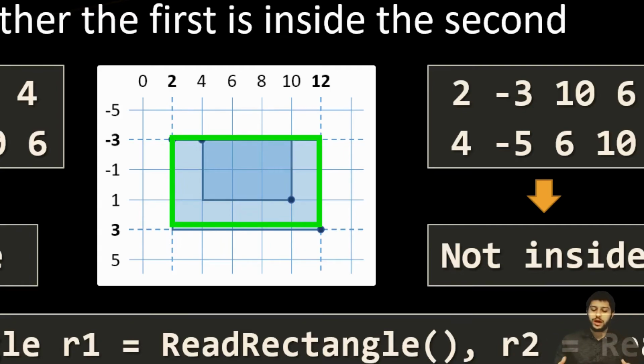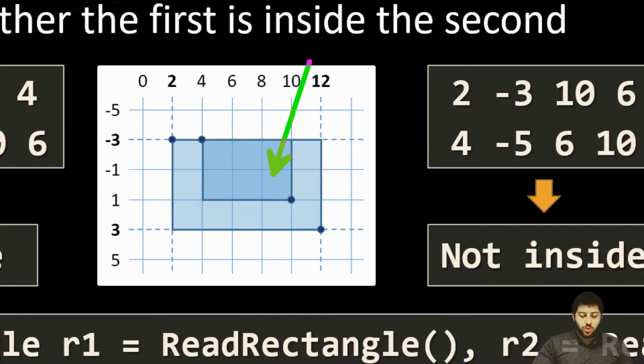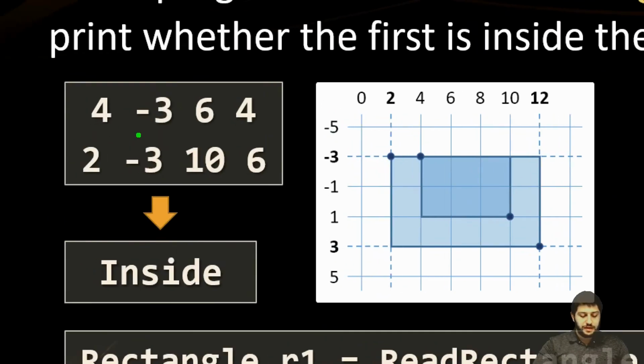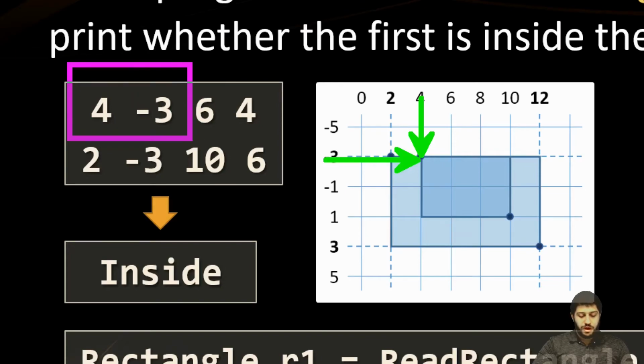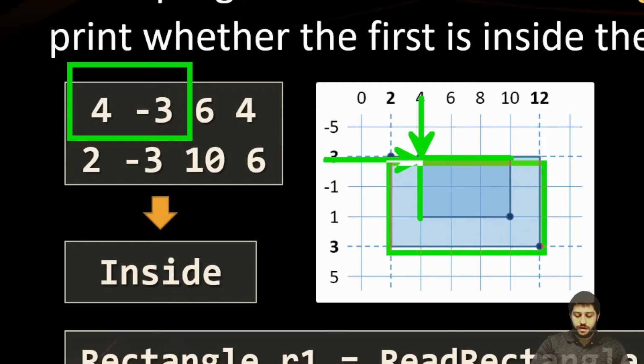The first one specified 4 minus 3, 6, 4. This is the rectangle. And this rectangle is inside the second specified, this one.